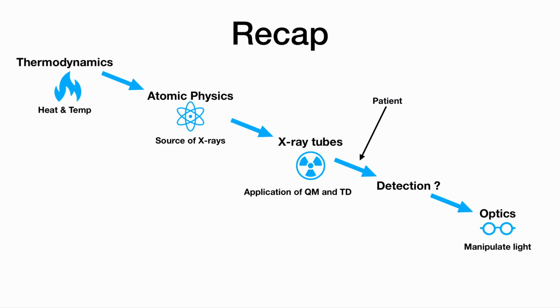Now, having equipped ourselves with how energy is transferred and the dynamics of energy, we were ready to understand how the energy dynamics are used in atomic physics in order to produce X-rays. In particular, we saw that when atoms absorb energy, they change their quantum state and acquire an excited state.